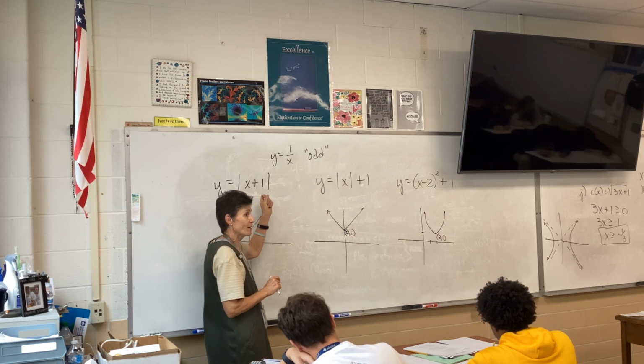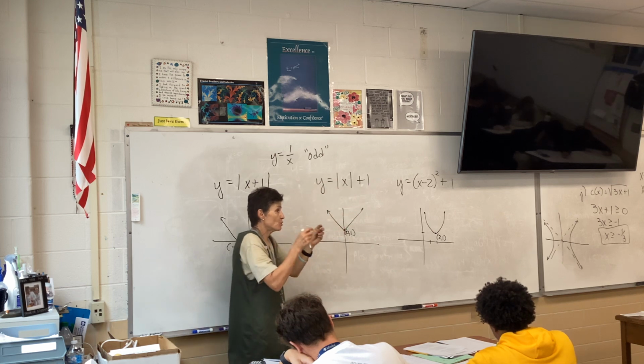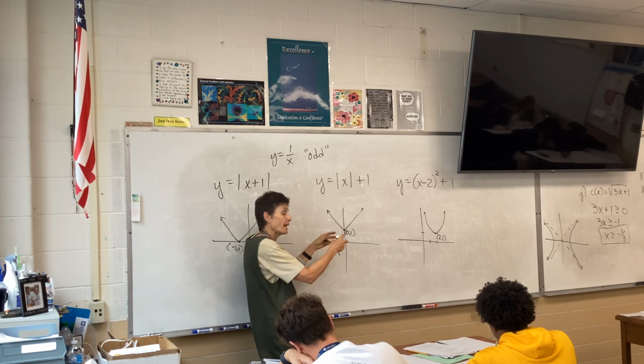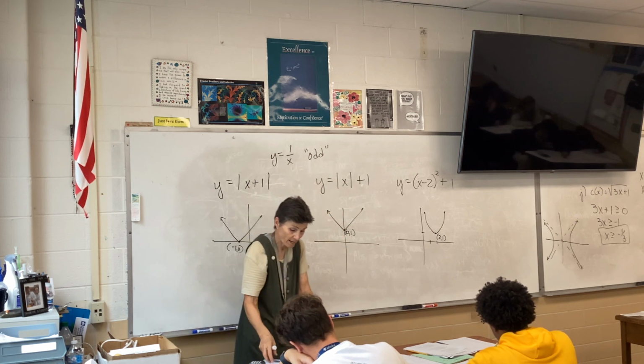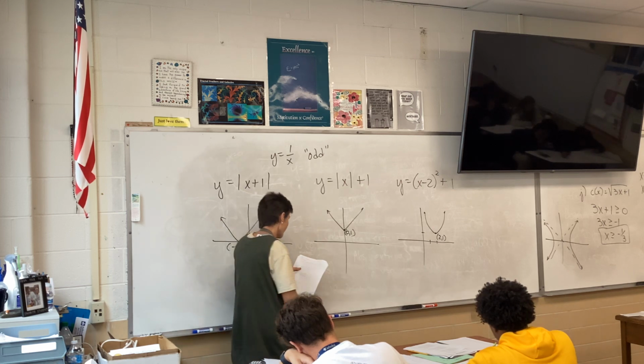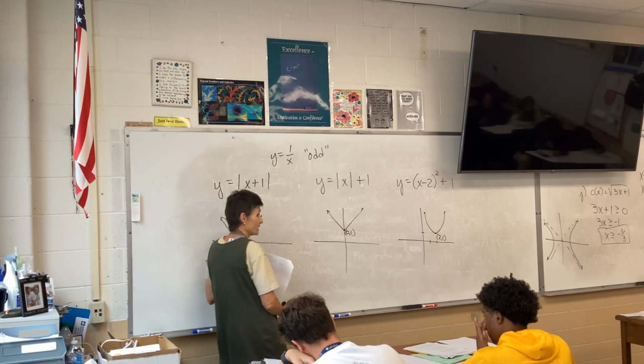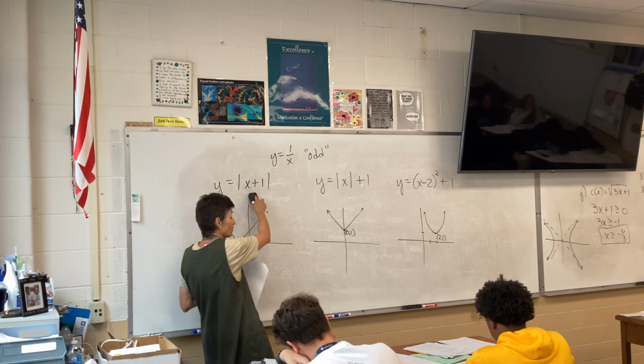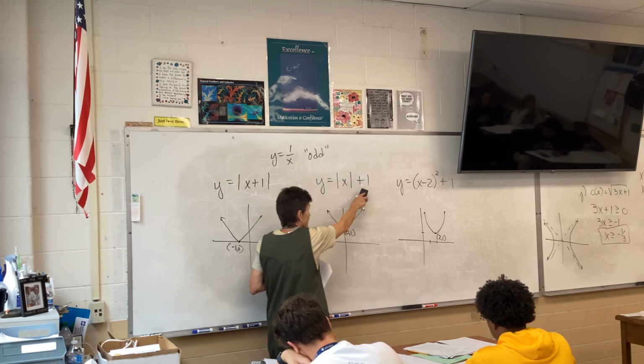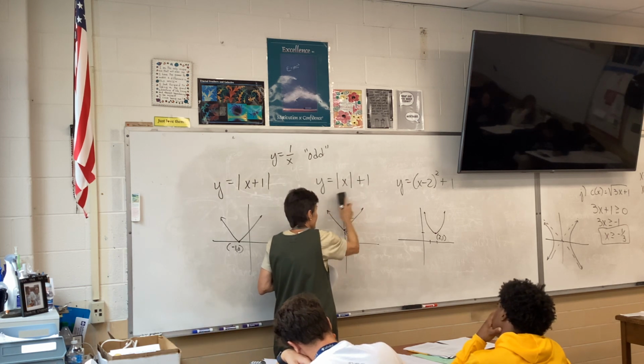These are called translations. When you pick your curve up and put it down somewhere else, you're translating it. Okay. Everybody good? Inside the parentheses or the bracket, whatever you've got, moves you left and right. Outside moves you up and down.